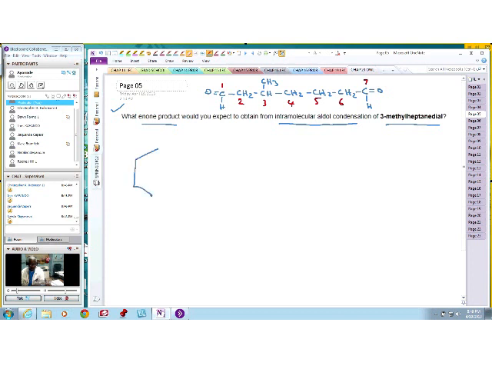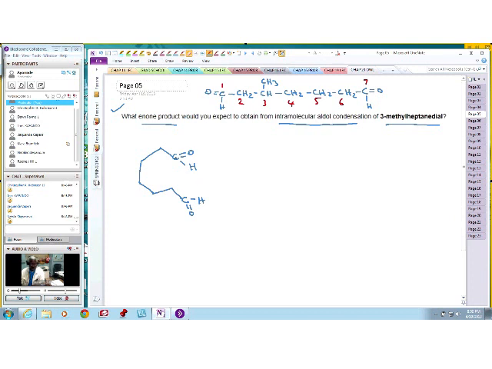Supposing we have it this way, 1, 2, 3, 4, 5, 6, 7.